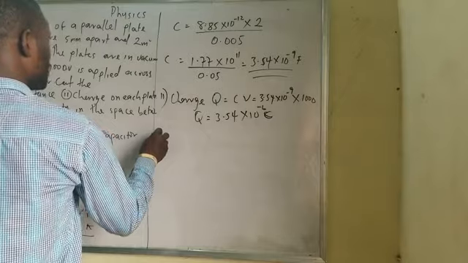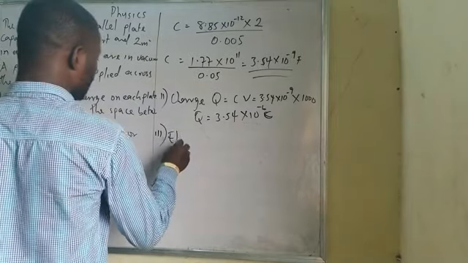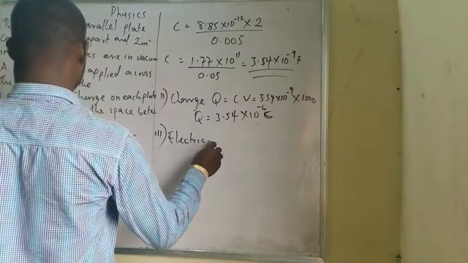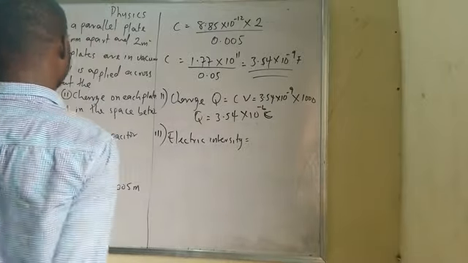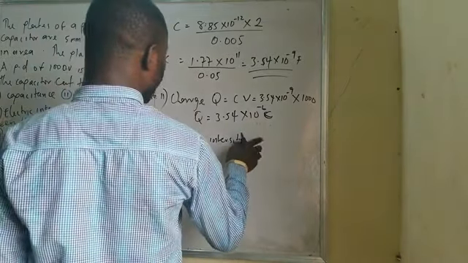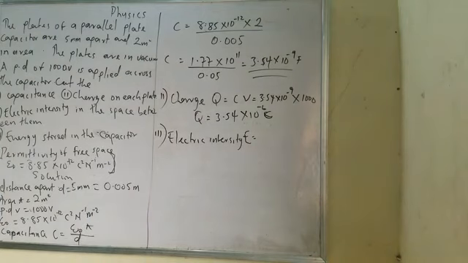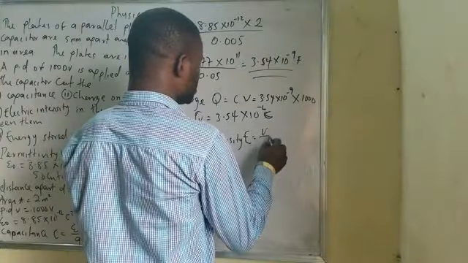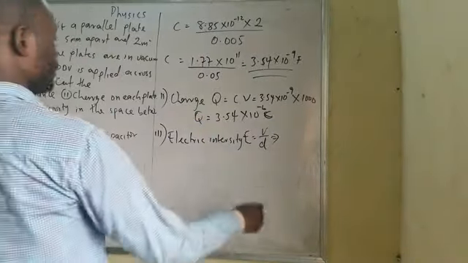Now the next one, which is number 3, is to find the electric intensity, which I normally denote by E. As in my past video, E will be equal to V all over distance, voltage all over distance. What is my voltage?